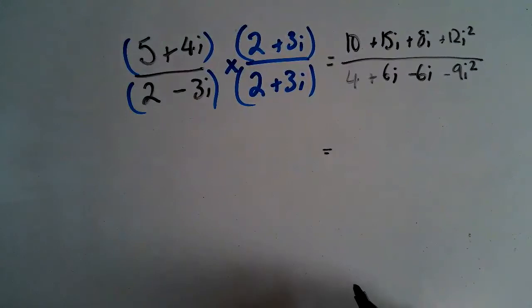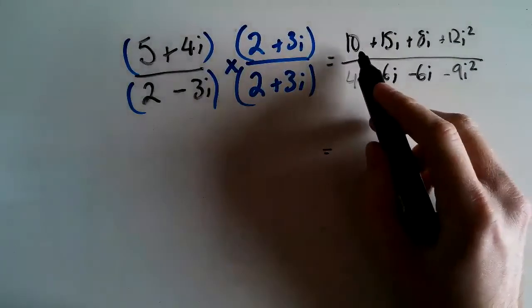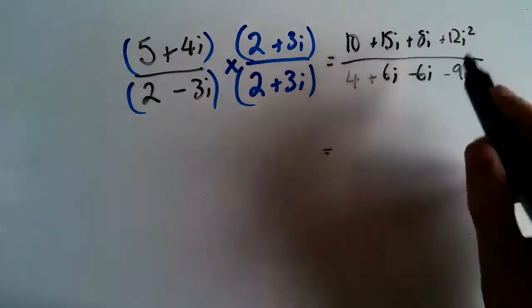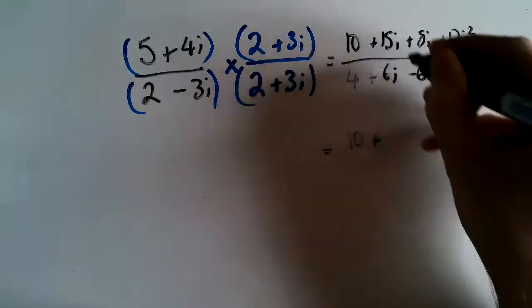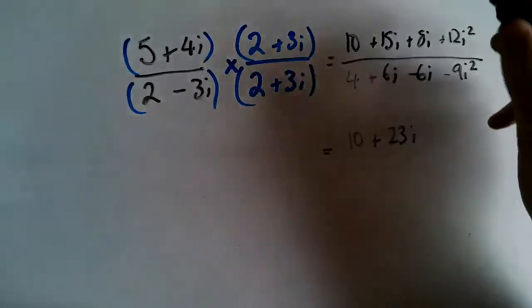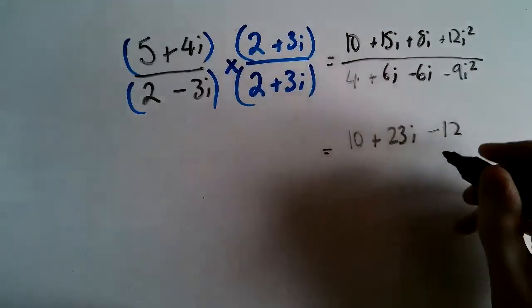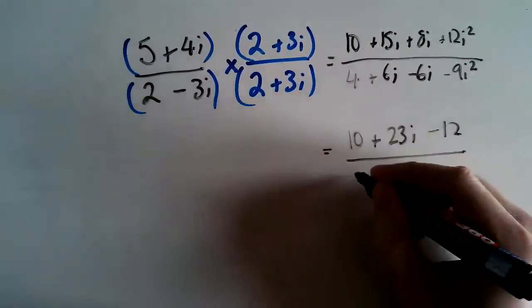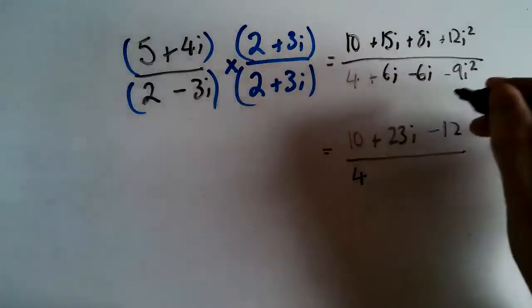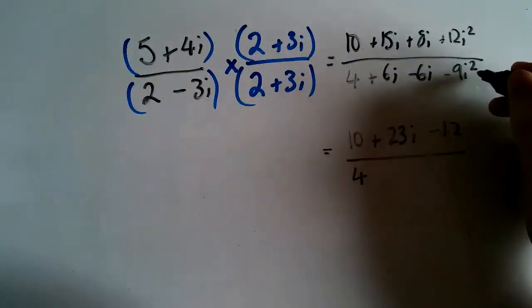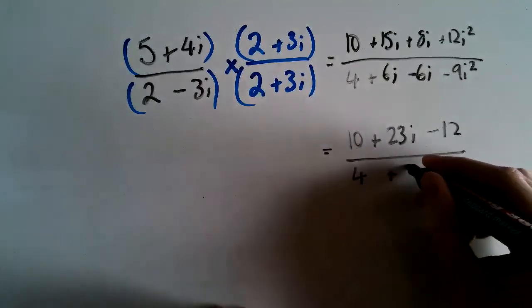Okay, simplify the top and the bottom. So I've got 10 plus 23i. Remember, i squared is minus 1, so I get minus 12. On the bottom, divided by 4, the 6i terms cancel out. Minus 9i squared, so that gives me plus 9.